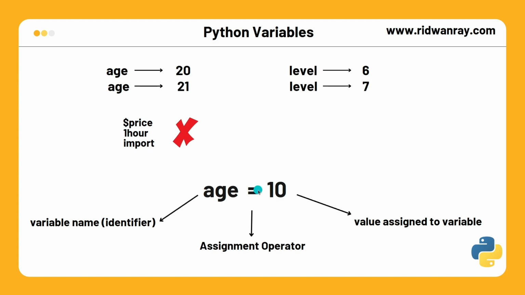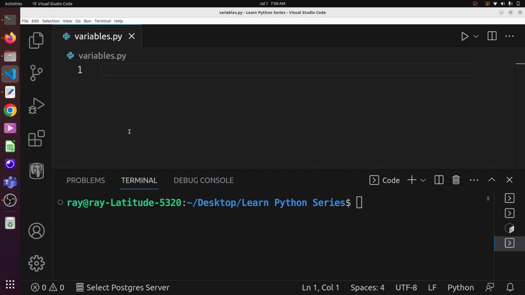Let's create some variables in our code. The name of the variable or identifier is on the left hand side, while the value we want to assign to the variable is on the right hand side. Once we have declared a variable, we can access its value by referencing the name of the variable.